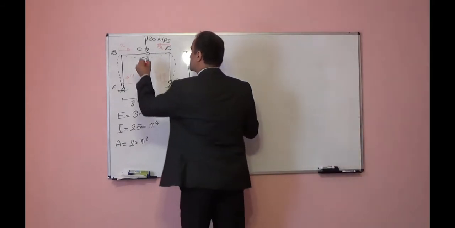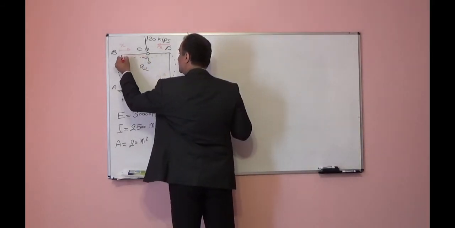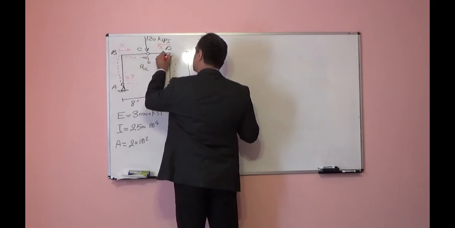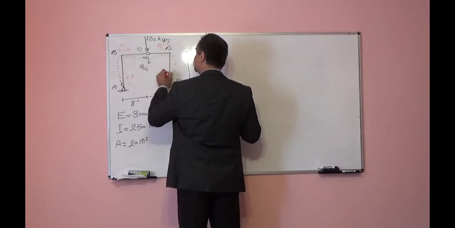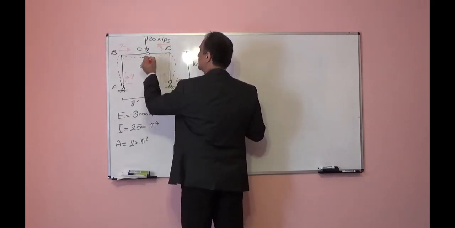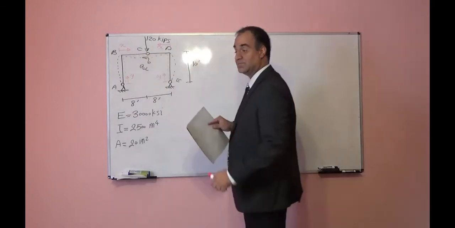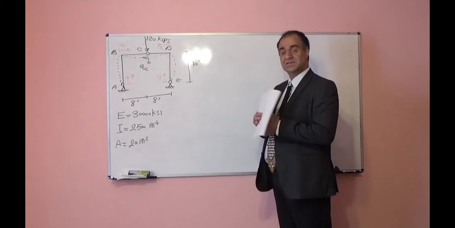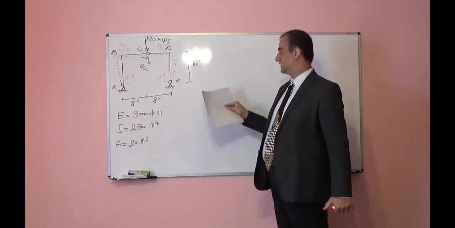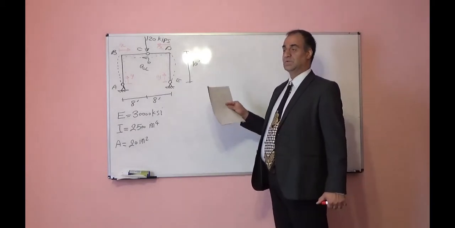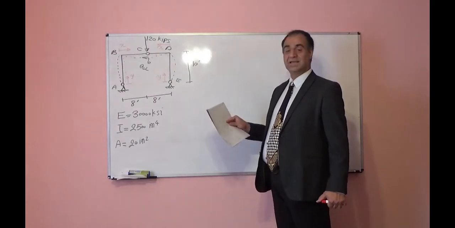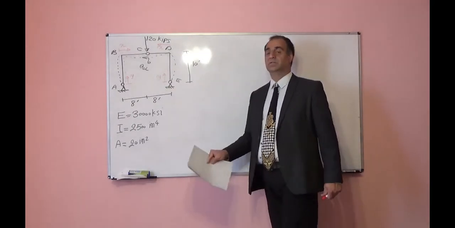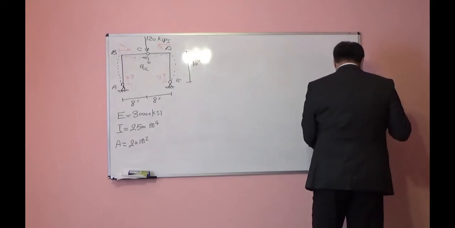I put one dashed line inside of the frame in order to recognize negative and positive internal moment. If internal moment causes compression in the dashed line, I will call that moment negative. If internal moment creates tension in the dashed line, I will call that moment positive.